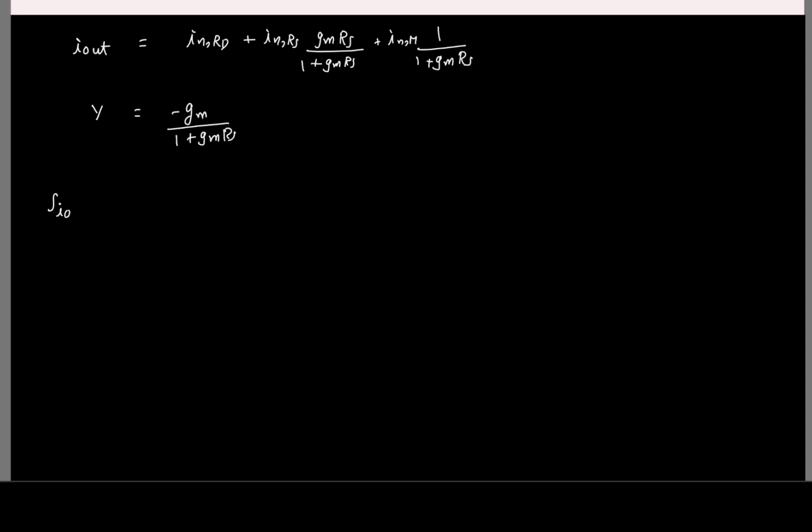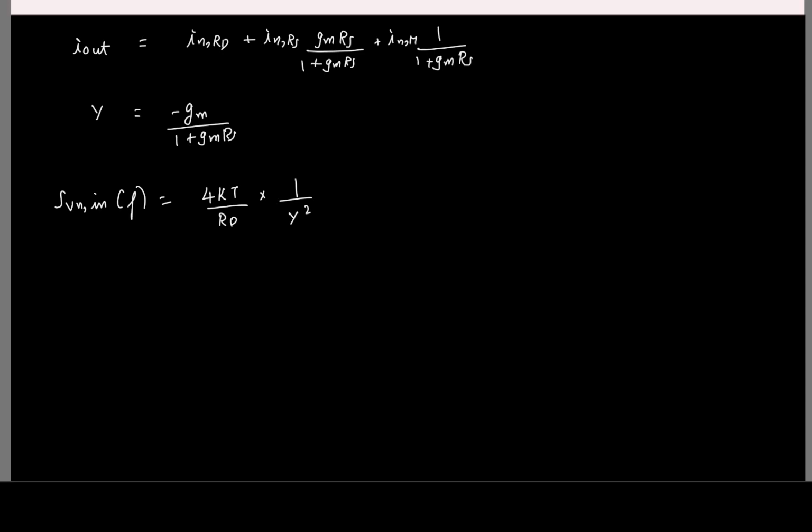So let's try to write the expression for the input referred voltage noise power spectral density. So what is that? Please help me write it. Due to RD, what is the contribution now? 4 kT by RD divided by this, let's say, y square.